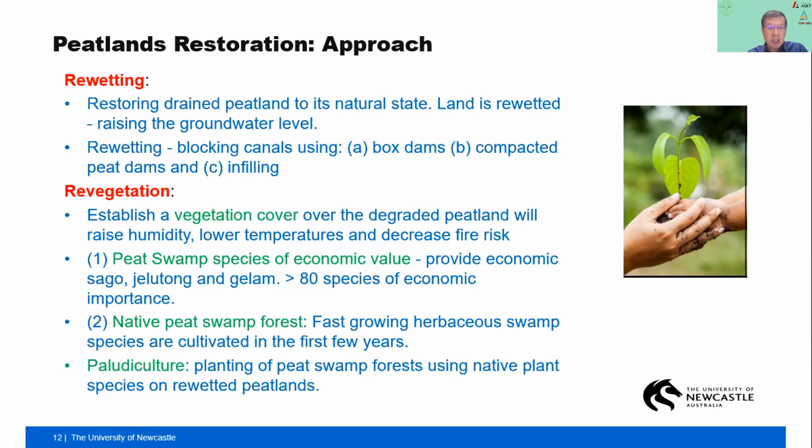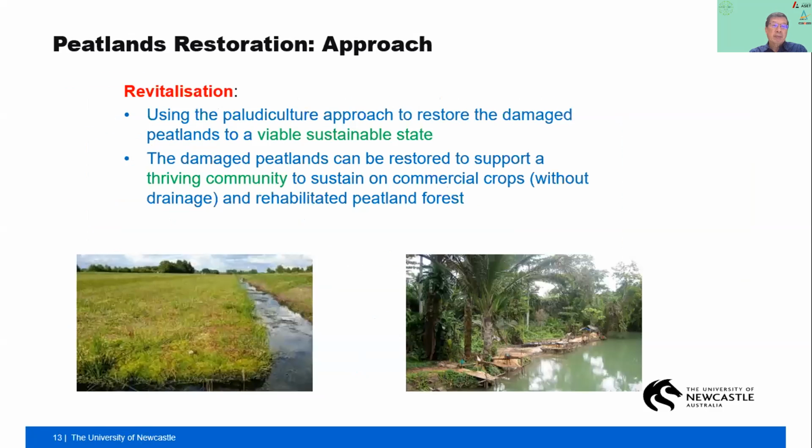And paludiculture is where we are planting natural swamp forests using native plant species as well as some cash crops, all right, to revegetate that degraded peatlands.